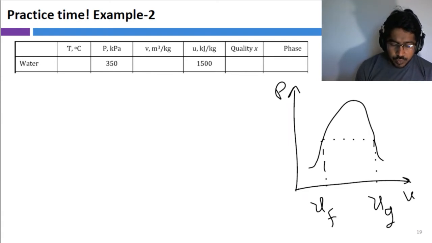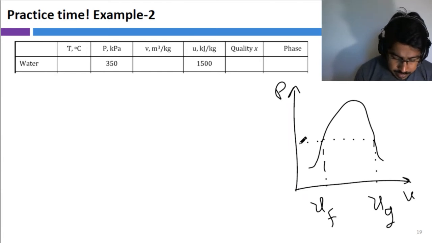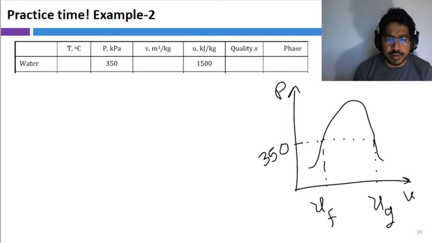So we are doing the same thing as last time. We are going to compare our U value with Uf and Ug at the given pressure, 350 kilopascals. If it is temperature, at the given temperature. Now what we have is pressure, right? We always start with saturated tables, so should we go with pressure or temperature entry? Any suggestions? It's always pressure if the pressure is given. It's easy, we have a nice 350 kilopascal pressure.